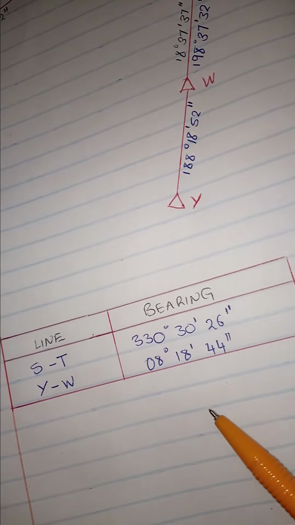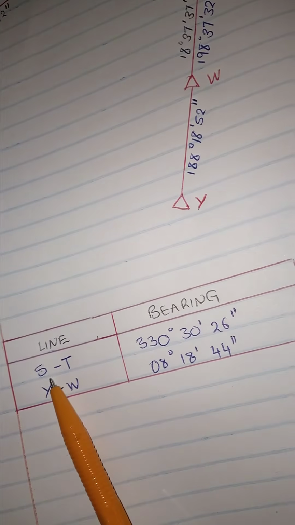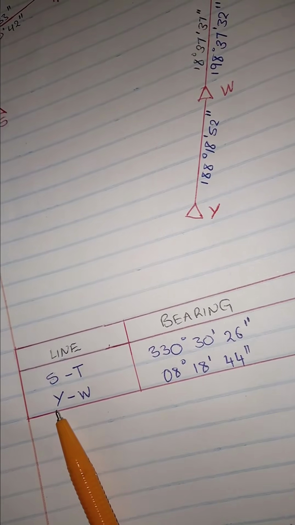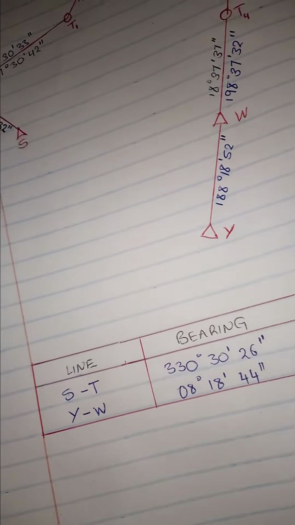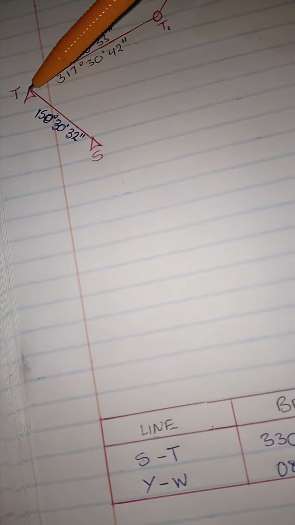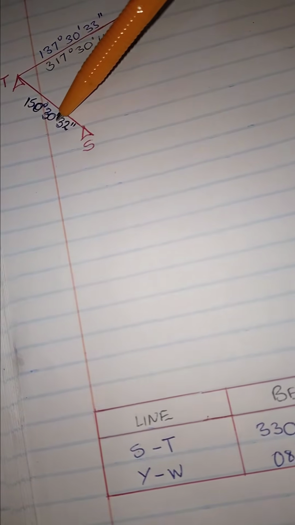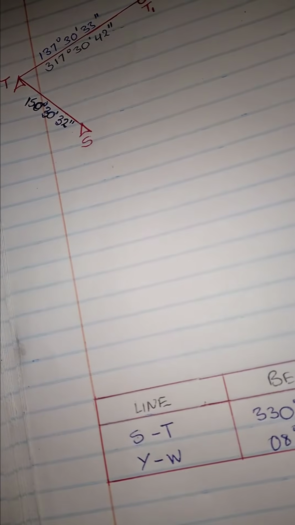These are the corrected final bearings that we have been given in the question. ST, this is the final corrected bearing, and YW, this is the right corrected bearing. But in our case, we had been given from T to S, so we had 150°30'32".